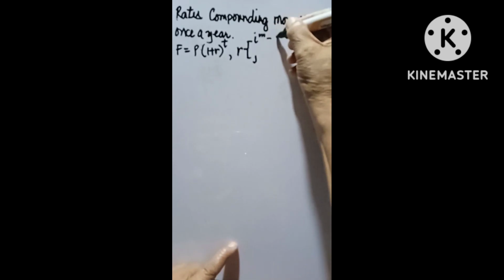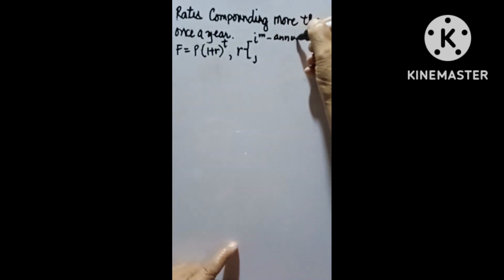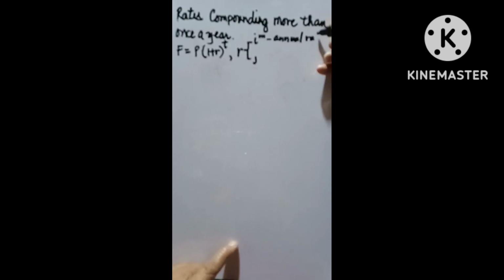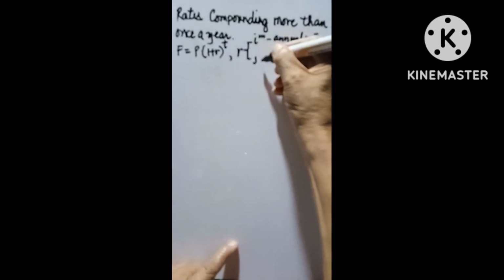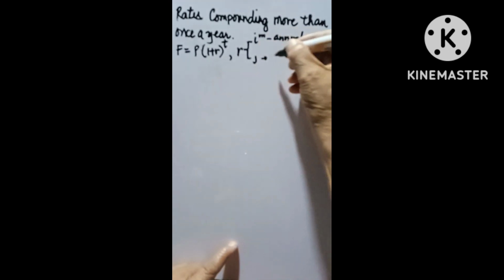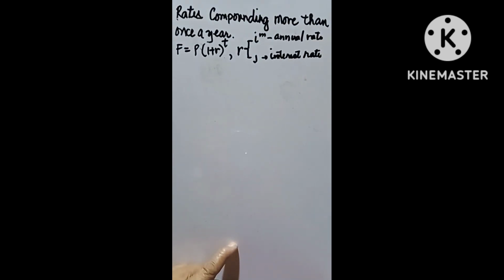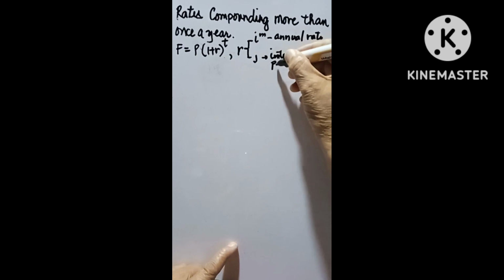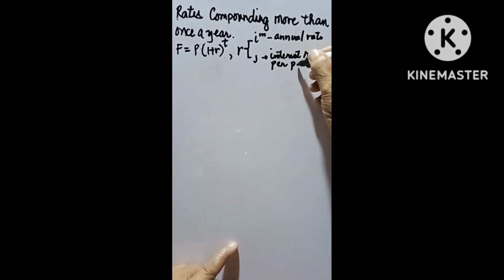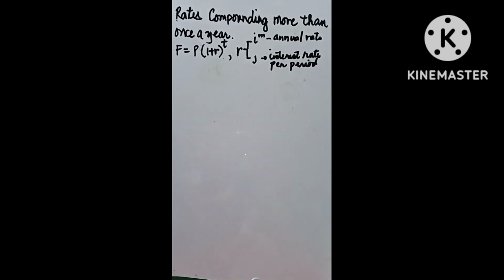Nominal rate is the annual rate. And J is the interest rate in a period, rate per period. Say for example, the compounding is semi-annually.